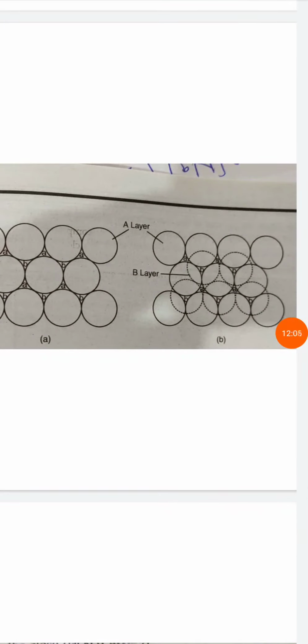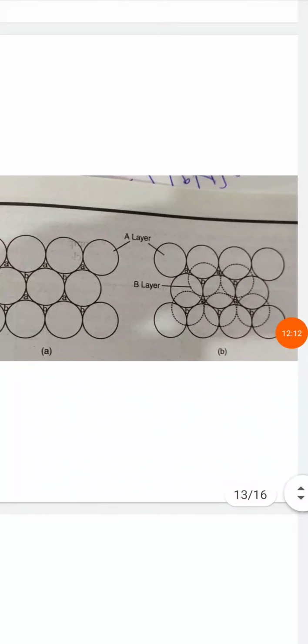When we come to packing of the third layer, there are again 2 types of hollows available. One type, marked A, are the unoccupied hollows of the first layer, and the other type are hollows in the second layer, marked as C. Thus, there are 2 alternatives to build the third layer.